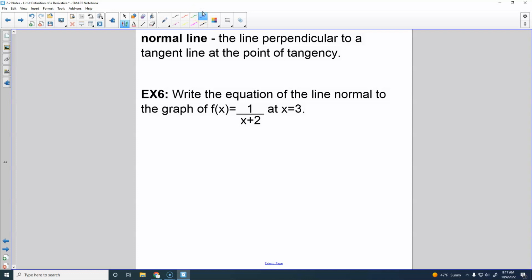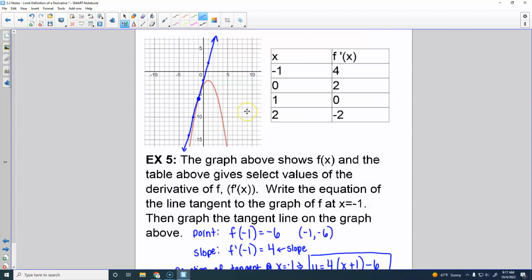So a normal line is the line perpendicular to a tangent line at the point of tangency. So if I go back to this last graph right here, if we had a normal line, it would look something like this, right? This is what the question was asking for. That's your tangent.